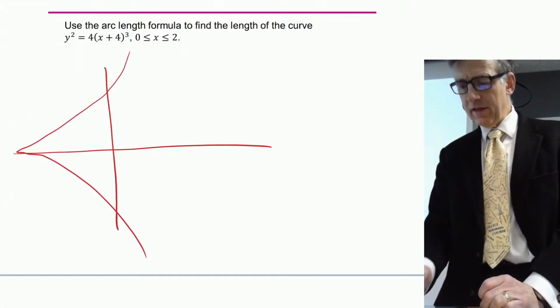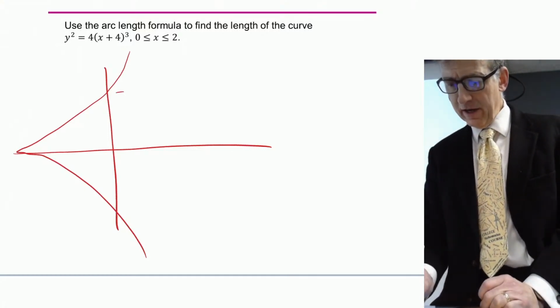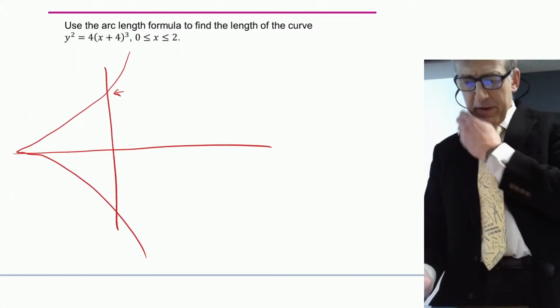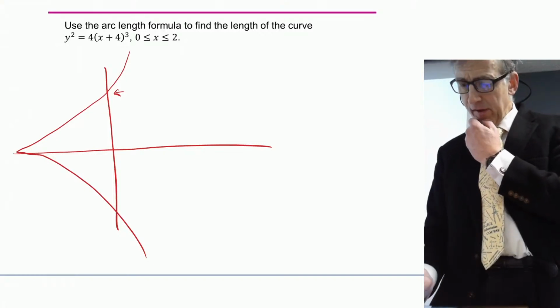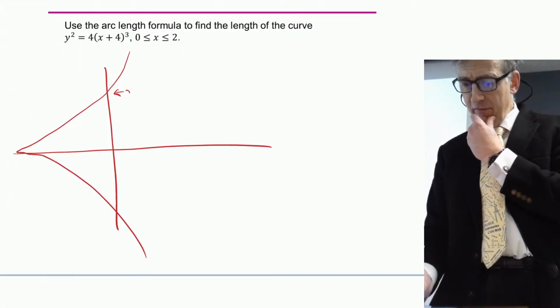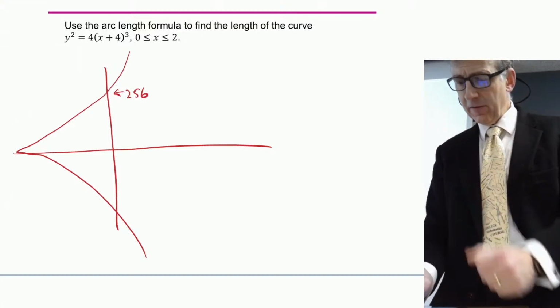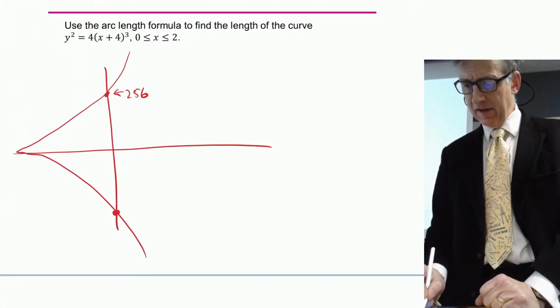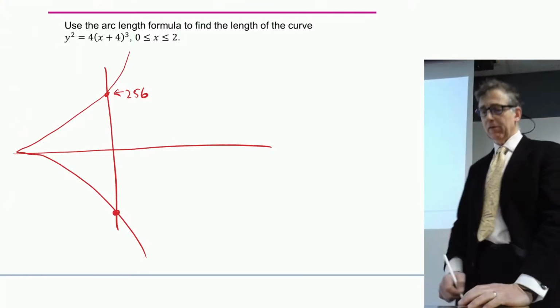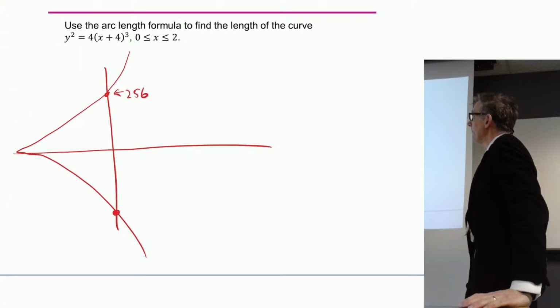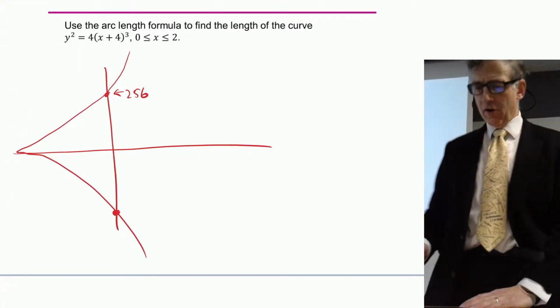This point right here is going to be 4 to the 4th, which is 256. Is that right? So that's where it crosses the y-axis. Same thing down here. If you plug x equals 0 into this, that's what you get.